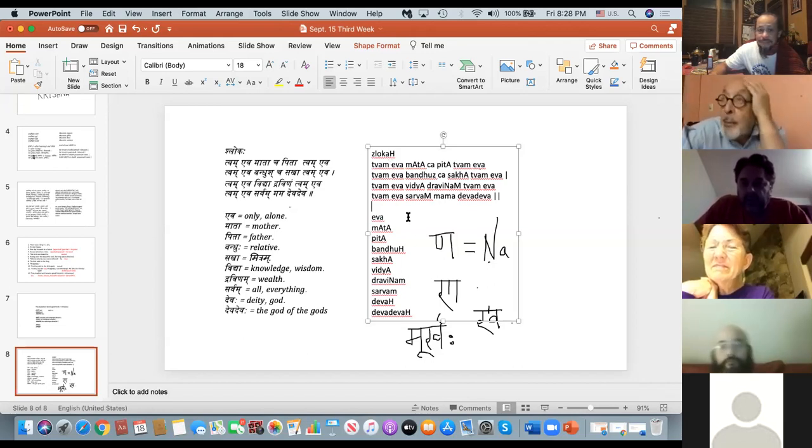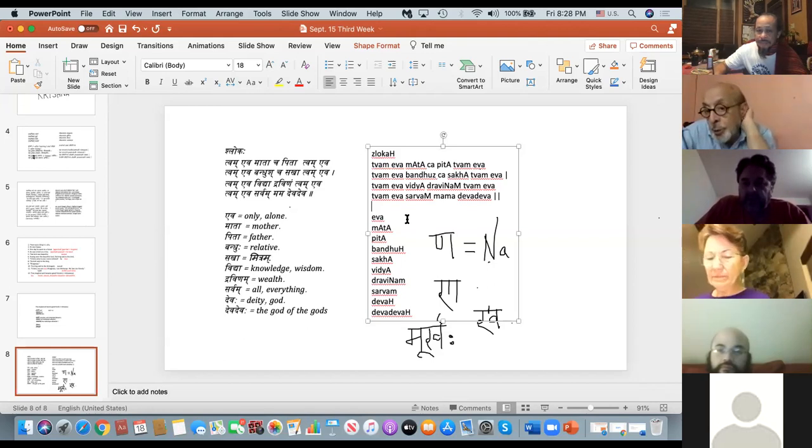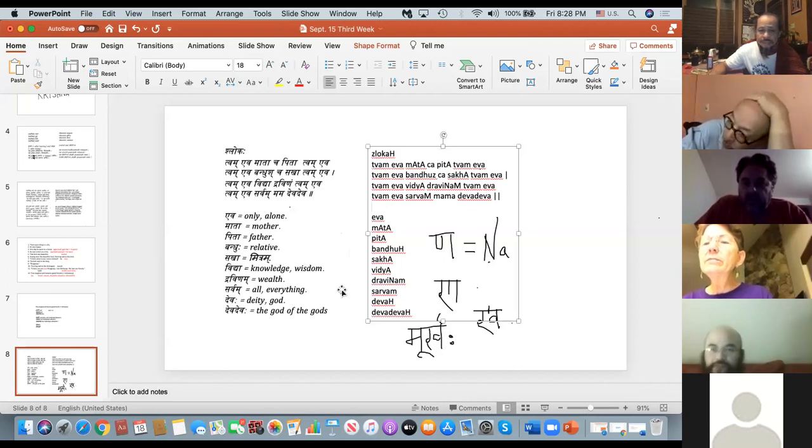Even when they publish Sanskrit text in Roman script, for example Harvard publishes Sanskrit texts almost every year, they don't combine these words. They keep them separate so that it becomes easier for English speaking people to read. But in Nagari, you always include the sandhi. In Devanagari, there is no way you can separate it.